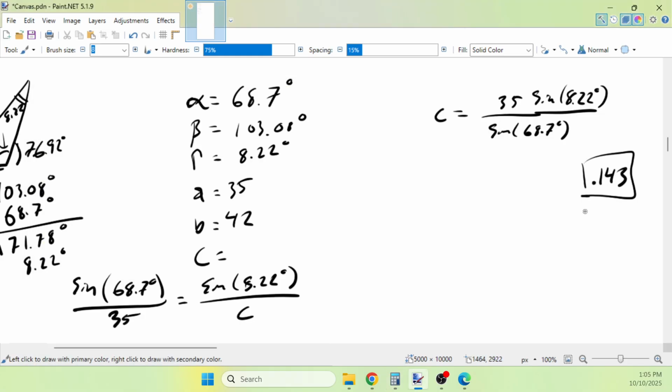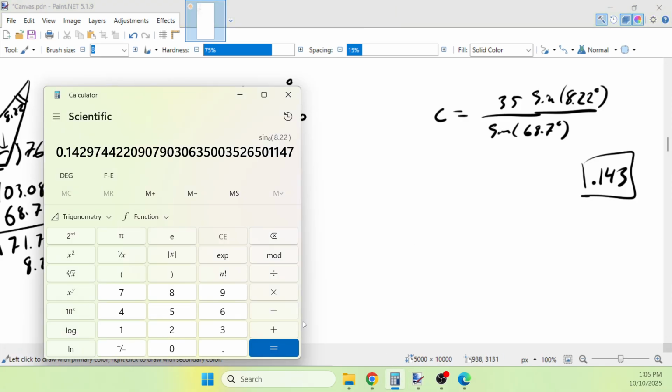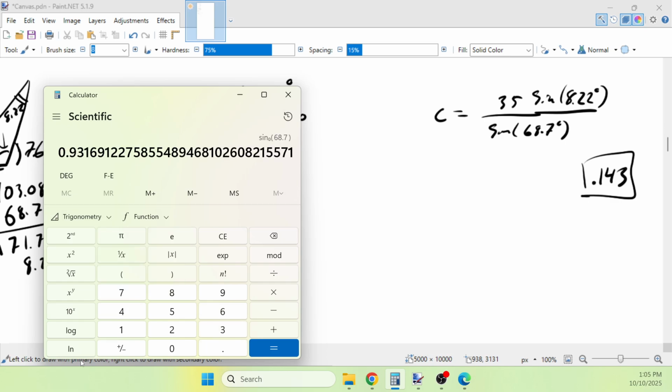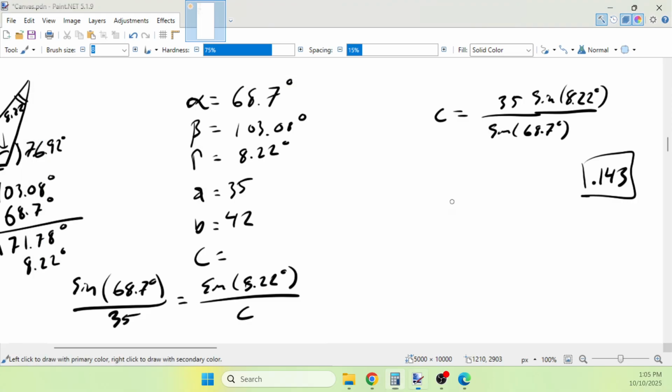Now I plug in again, take the reciprocal, I'd get that. Times 35, get 5.37.